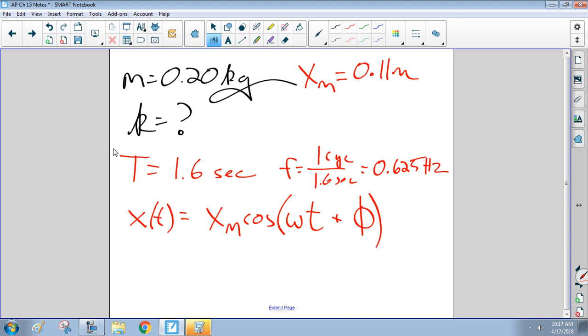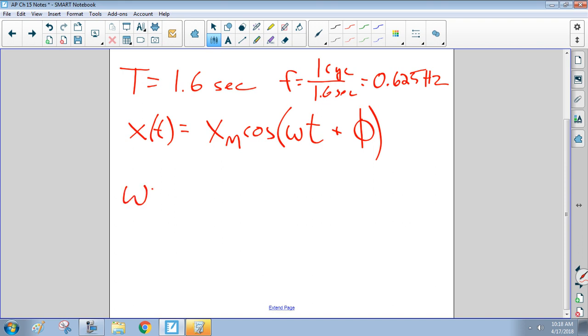All right, which of these other variables can I find easily? We can find omega, right? Because remember, if you take one cycle and think of it as 2 pi radians, omega is the number of radians per second. So omega is 2 pi radians divided by the period, to find out how many radians I complete per second. So 2 pi radians over 1.6 seconds gives us, oh shoot, it's 1.55 seconds when I did it in my notes. 2 pi divided by 1.6 gives you 3.93 basically.